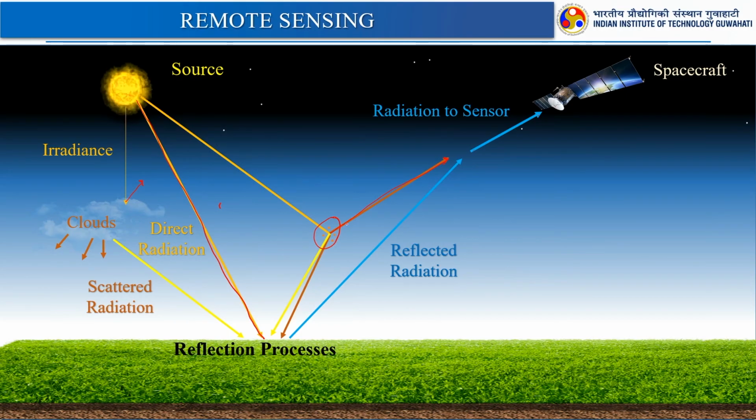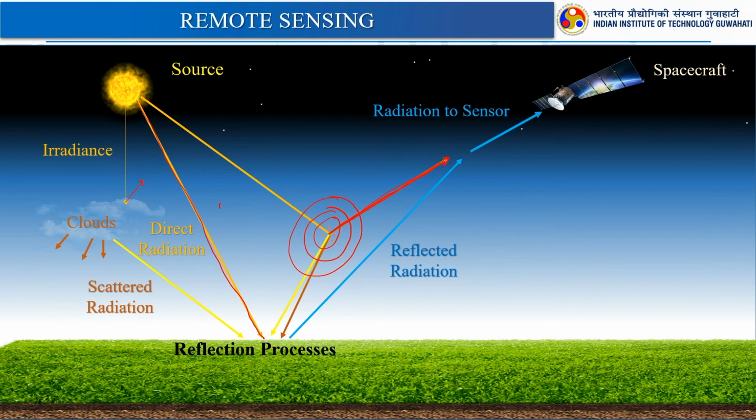So the data which is getting captured has additional information from our atmosphere, and this atmosphere is giving you the path radiance.